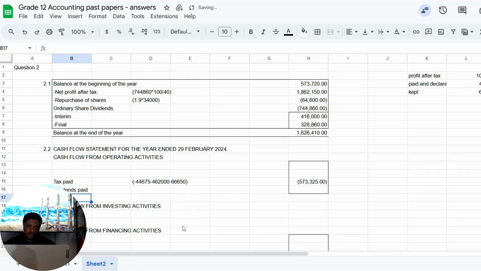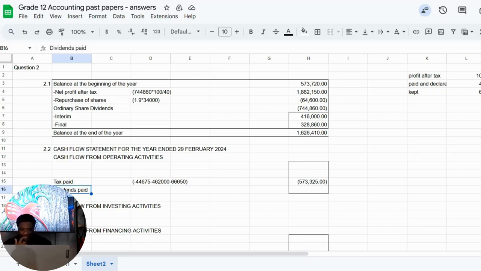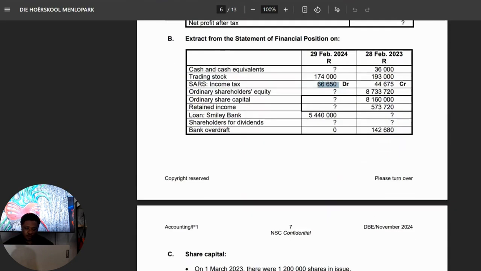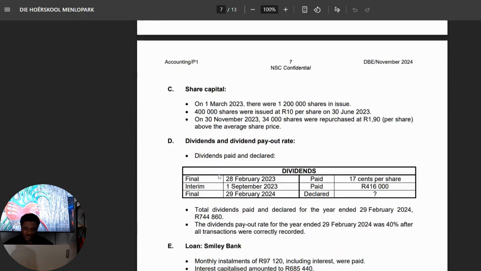So now to think about our dividends that were paid, well, what we basically would need to do in that case is look at the dividends that were needed to be paid. So you can see here that, for example, when we're speaking about dividends, these dividends were paid during the year, but they related to the previous year.